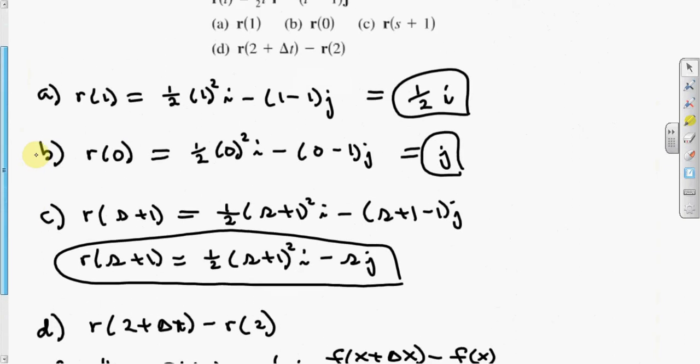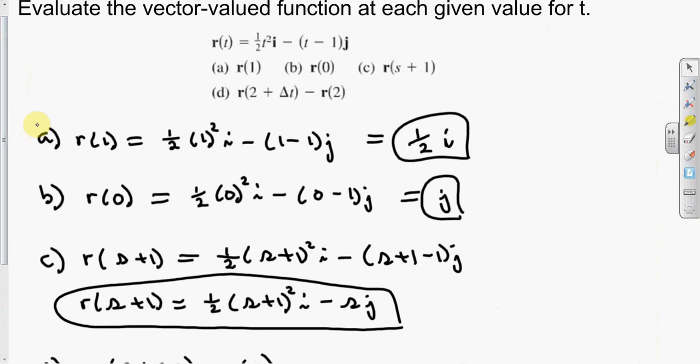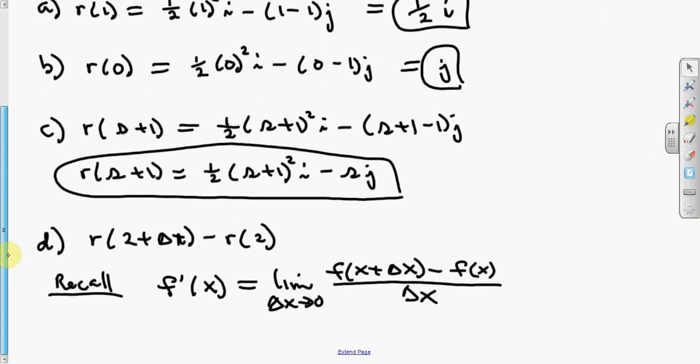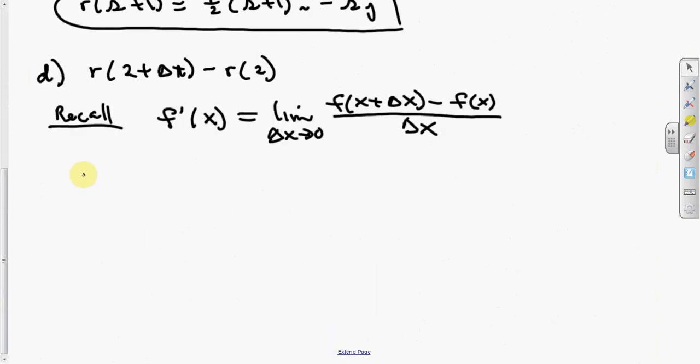Yes, sir. I got to go up there too and write the function again. You got it? Okay. So for this problem, we want to find this difference.